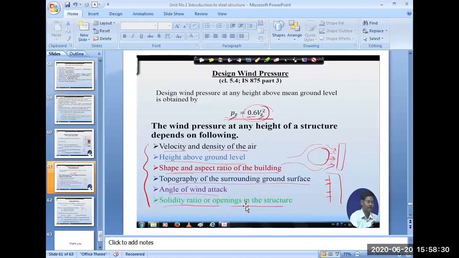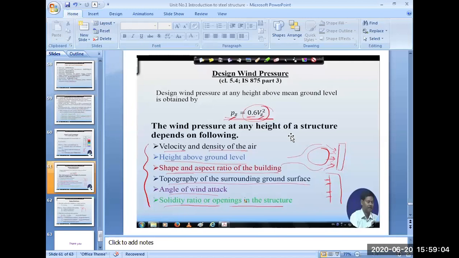And again, solidity ratio or openings in the structure, that is also given in IS 875. Many data are required, and they are given in the IS code, because we are designing steel structures, and for that the Indian Standard has specified some parameters for the design of steel structure or RC structure also.